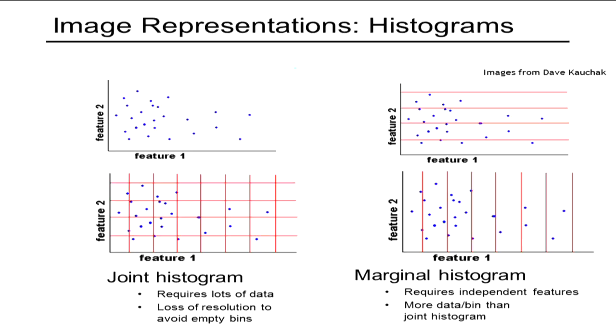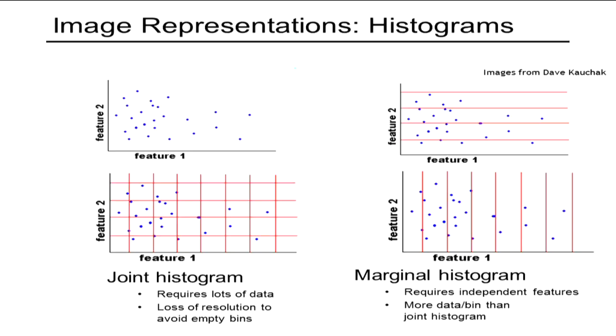If you have two or more dimensions, how do you histogram those? Let's say you have color images. Those are RGB, so they're three-dimensional. How do you do a histogram of color images? Well, there are a couple of ways you can do it.